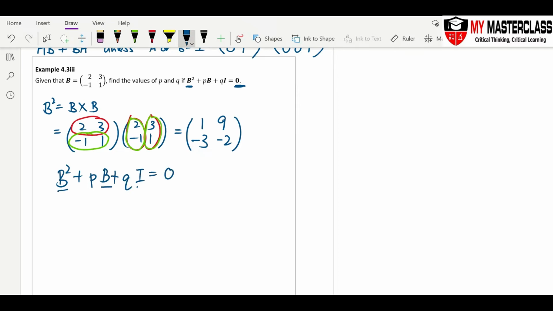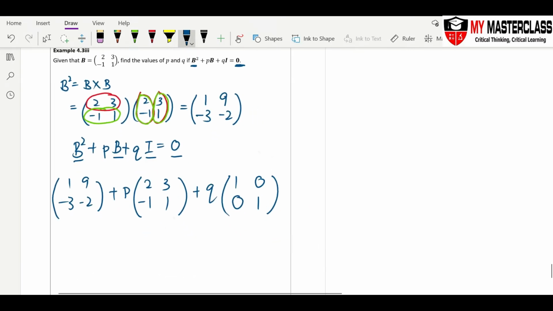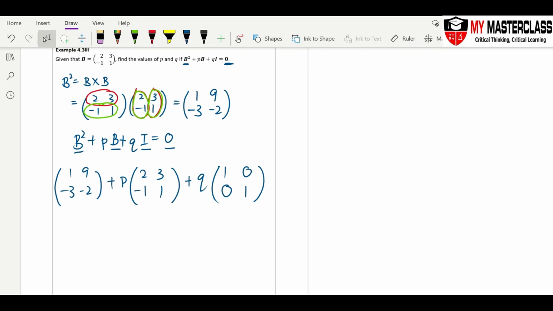These are all matrices: [1, 9; -3, -2] plus P times [2, 3; -1, 1] plus Q times I. Remember what I said about I? It is an identity matrix. It comes in the form of a diagonal with ones. And this is equal to a 0 matrix. All these are 2 by 2, so a 0 matrix will be 0, 0, 0, 0.